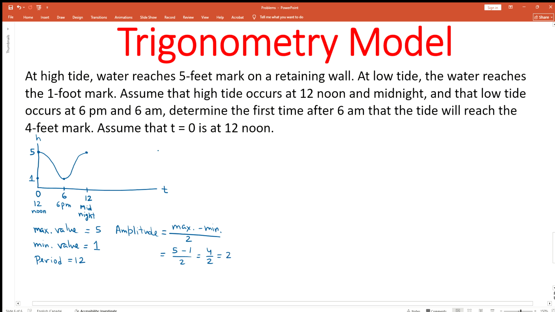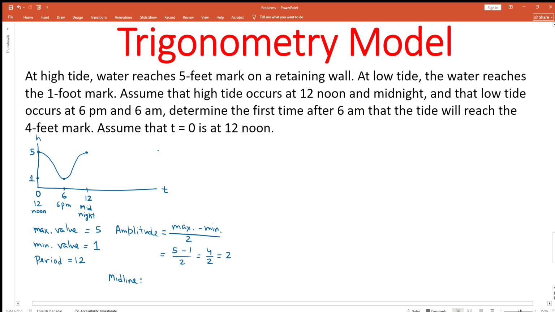I get 2. Next, we can find the vertical translation or the midline for this graph. As you may know, the midline of this graph is a horizontal line that passes through the middle of the graph. Since it's a horizontal line, we write its equation as y equals a number.